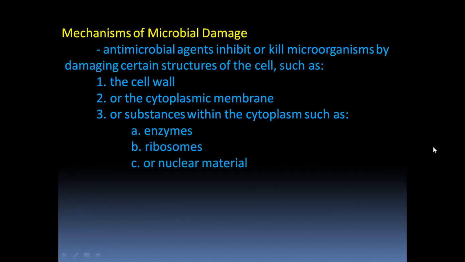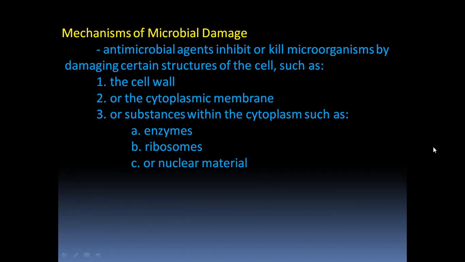Now the mechanism of microbial damage. When we talk about all these things, microbicidal, microbiostatic, or whatever the agent we are using, then what is the mechanism, how does the microbial damage happen? Antimicrobial agent either inhibits the growth of the microorganism or kills the microorganism by damaging certain structures. Antimicrobial agent can damage the cell wall.